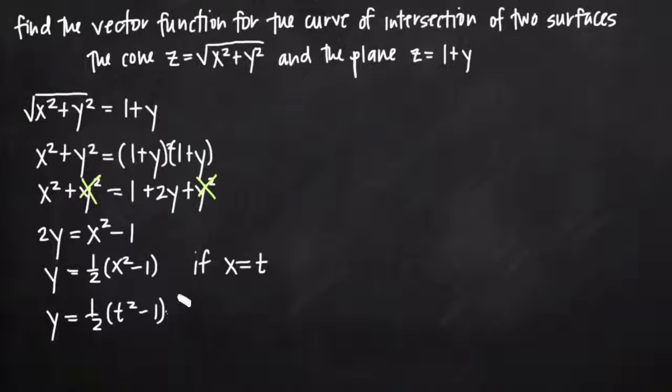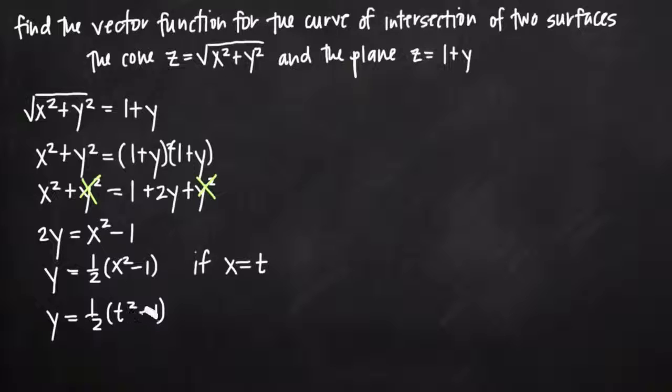This is really convenient because in one step I converted x and y components to values defined in terms of the parameter t. When we end up with our vector function, we need three components, one for x, one for y, and one for z, all defined in terms of the parameter. Here I've already got two of them. My x component is just going to be t. My y component is going to be 1/2 times quantity t squared minus 1. They're both in terms of t.